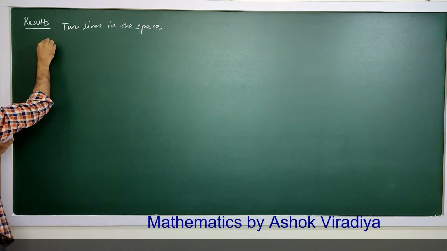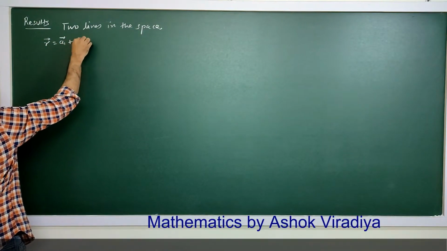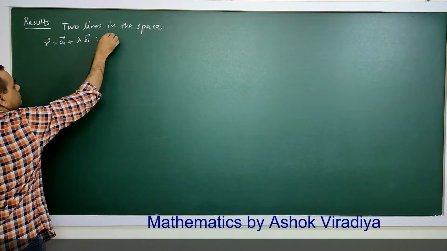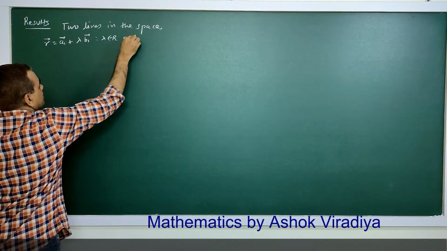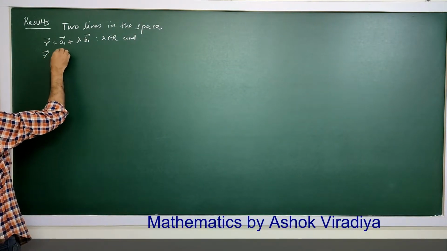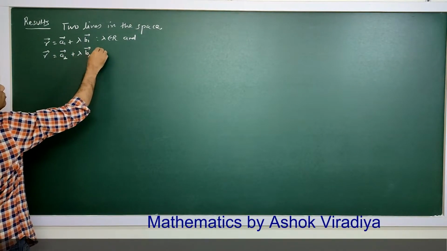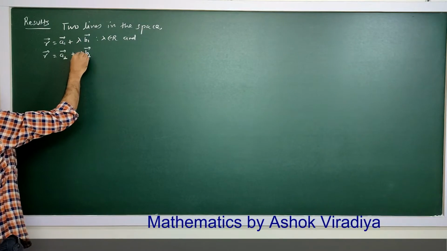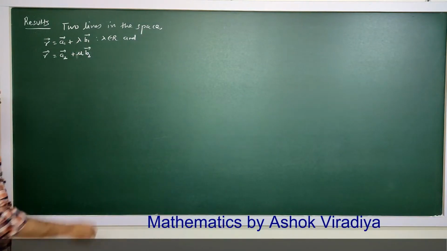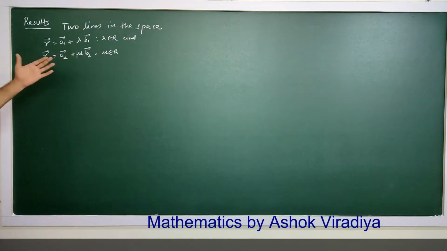Suppose lines are vector r is a1 plus lambda times vector b1, lambda belongs to R, and second line is vector r is vector a2 plus mu times vector b2. Here we change the symbol of this parameter, we take mu belongs to R. These are two equations of two distinct lines in the space.